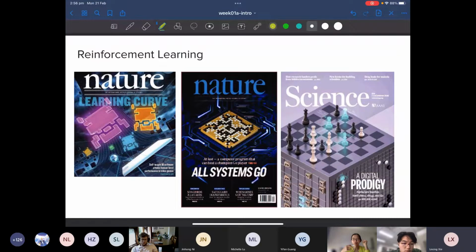For example, in AlphaGo, one could say that there are essentially two learners. One predicts future reward, one predicts what the next step should be. The second one is essentially a multi-class classification task.